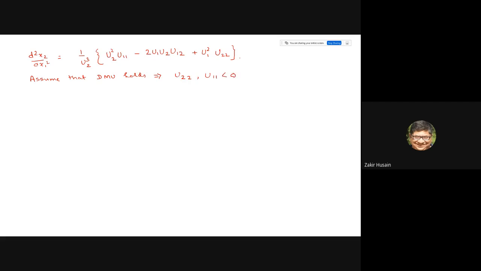They are both negative. Sorry, there was a negative here, this is u squared, this is positive. What is u11? Negative. Okay, so what is this whole expression? Positive. Inside the bracket it's positive.